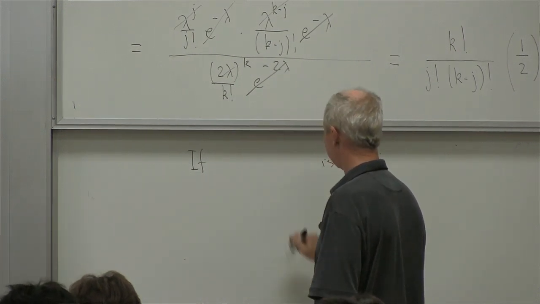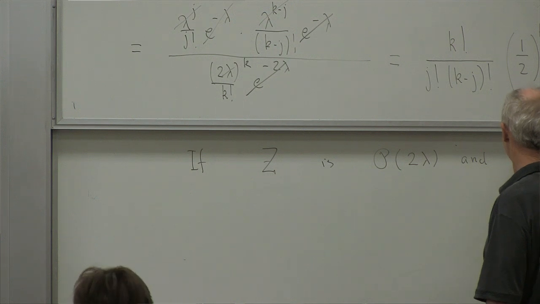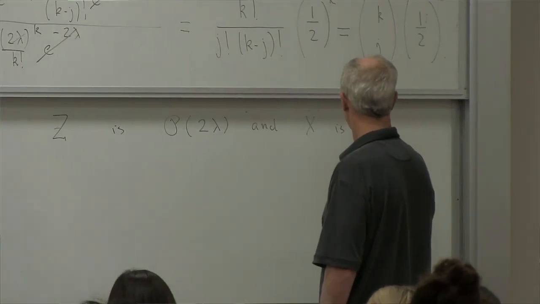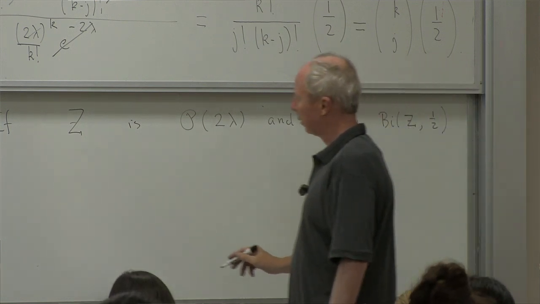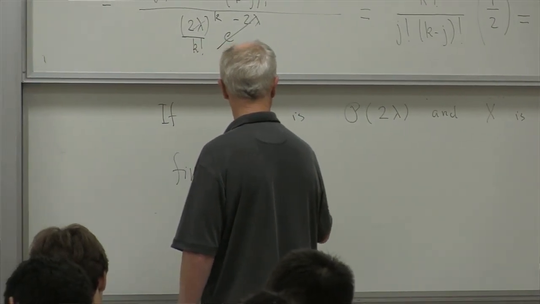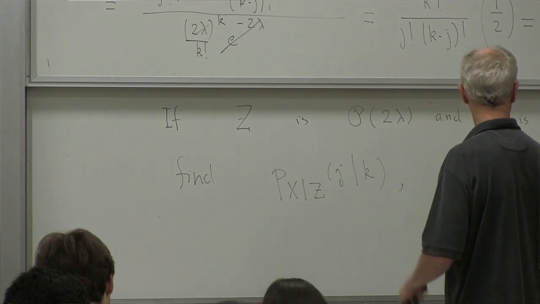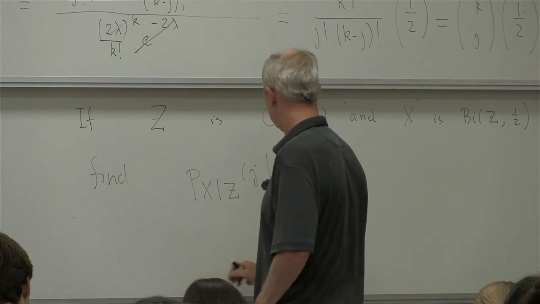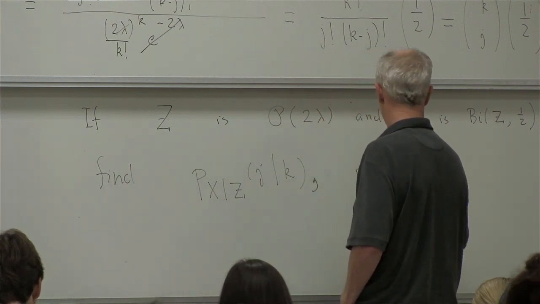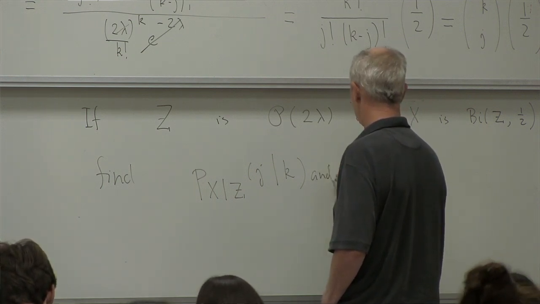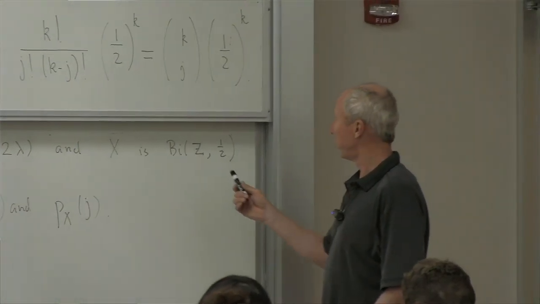Let's say z is Poisson with parameter 2 lambda. This means you generate z first.